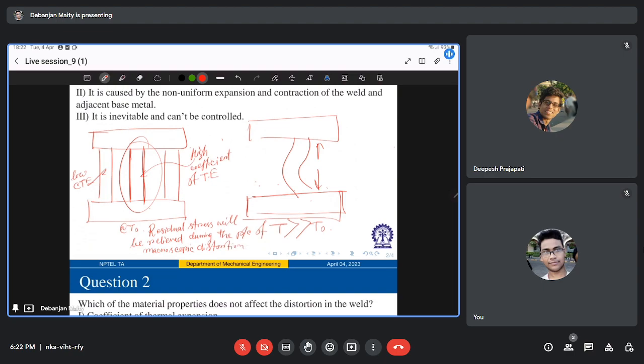And if the stresses cannot cause this kind of macroscopic distortion, then what will happen? Some kind of microscopic distortion, in terms of cracking or some localized yielding or some kind of localized deformation may happen to relieve themselves, or because they were locked into the structure, right? Are you getting it? Yes, sir. Great.